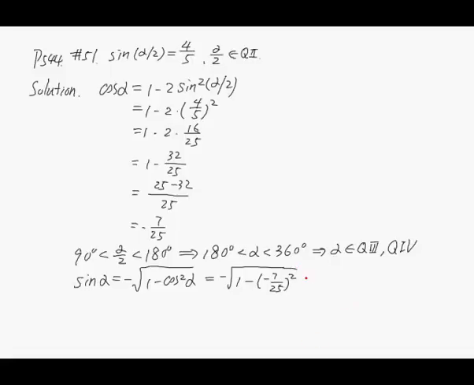And then simplify, you get 1 minus 49 over 625, and this is equal to negative square root of 625 minus 49 over 625.